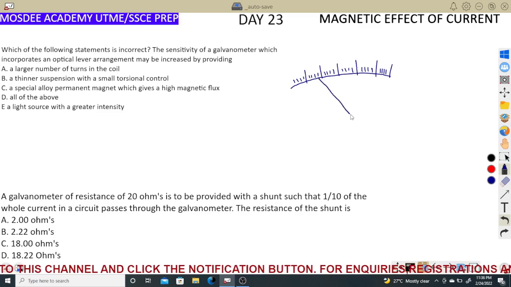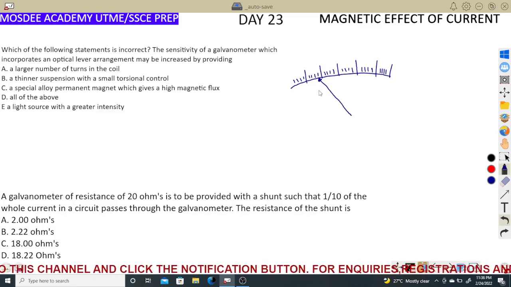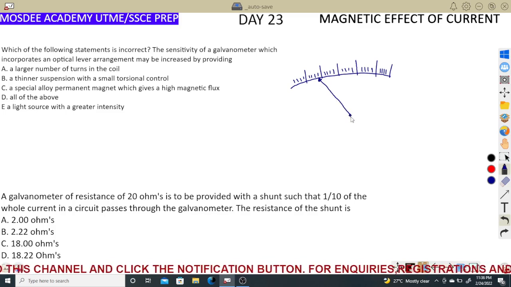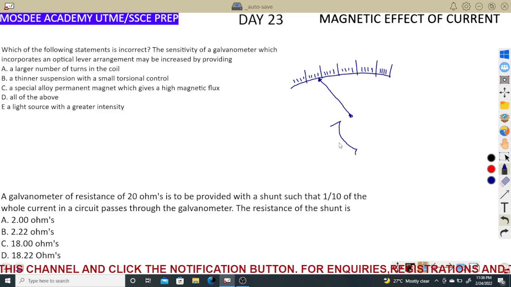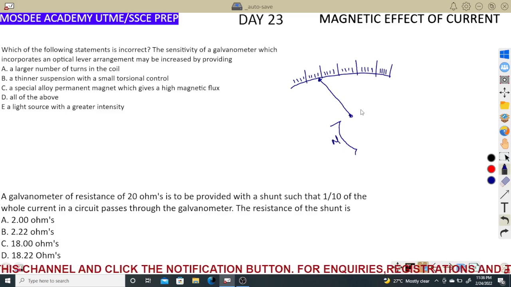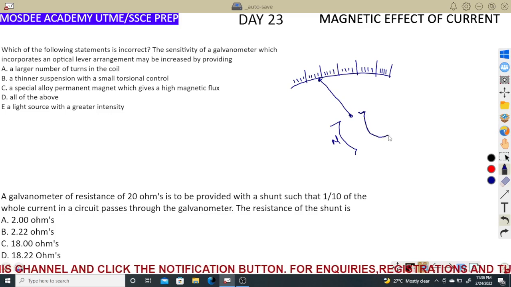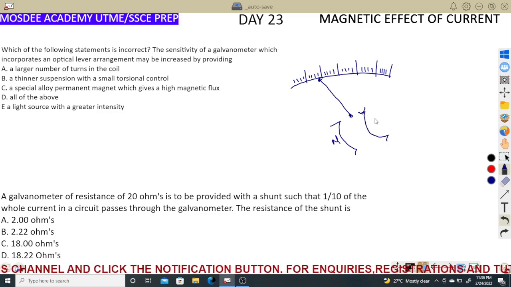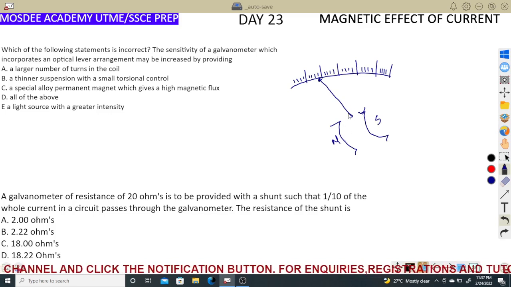Now, this is the pointer, the magnetic pointer, which is connected to two magnets. One is the north, and the other is the south. I'm just trying to show you a diagram not drawn to scale.